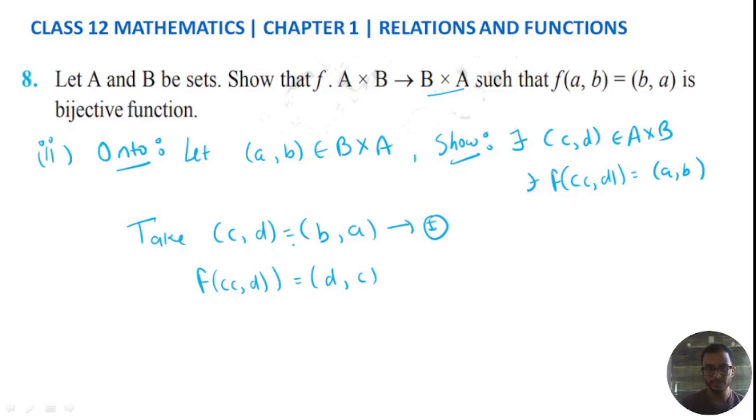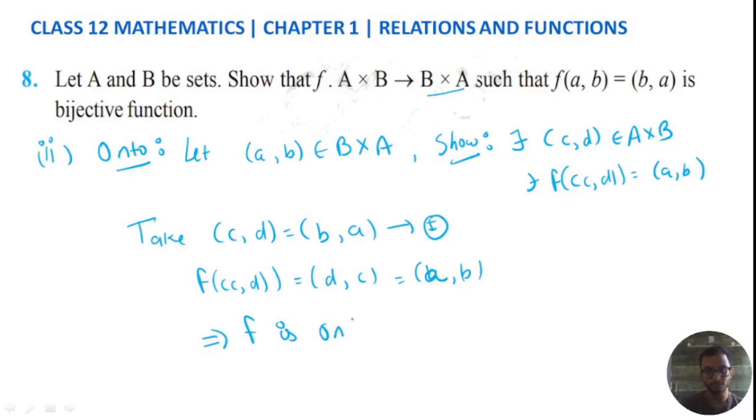D equals B and C equals A. That means f of (C, D) equals (A, B). So are we done? Yes, we got the point for which the image of this element is the required element. So we are done, right? So we got that our function is onto. We had shown the function is 1-1, and now we have shown that it is onto. So we got that our function is bijective.